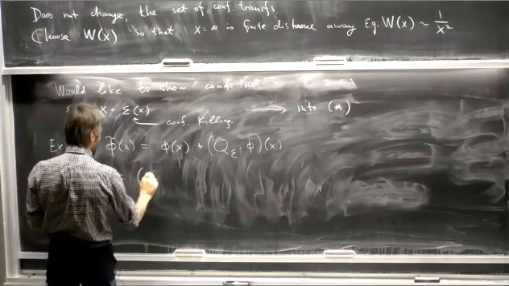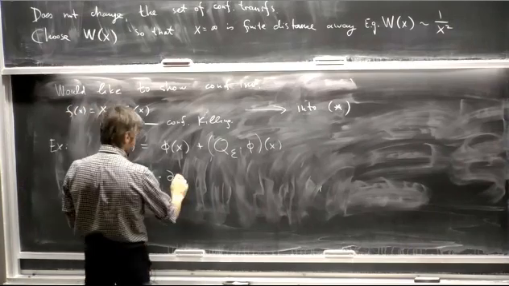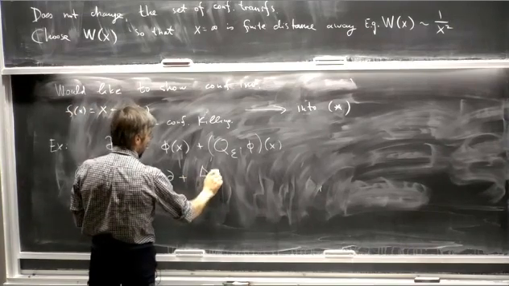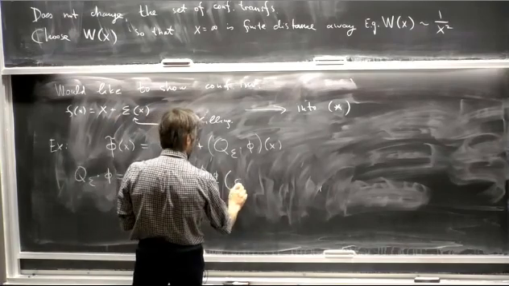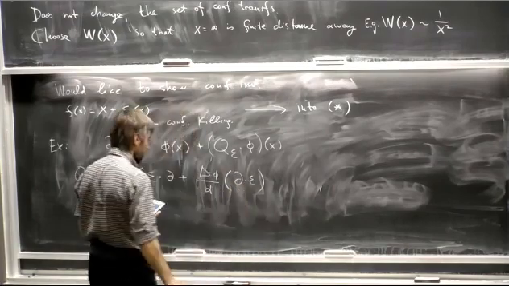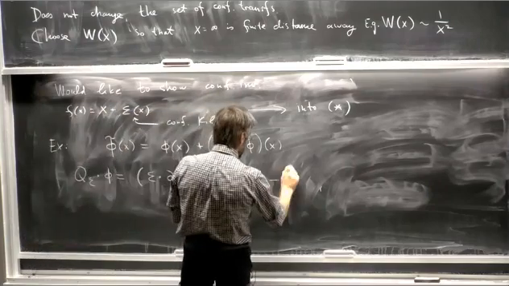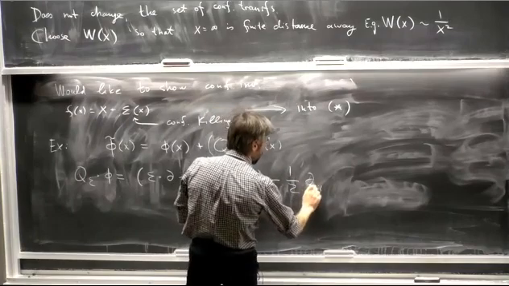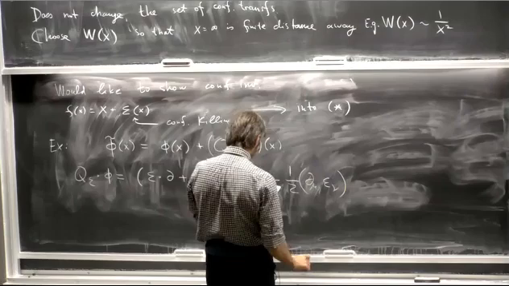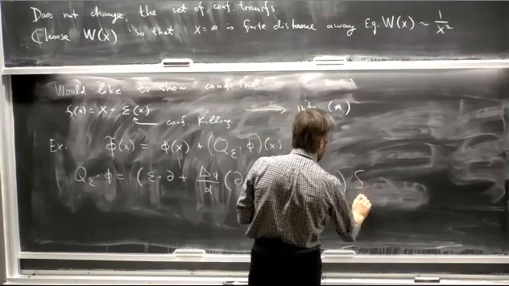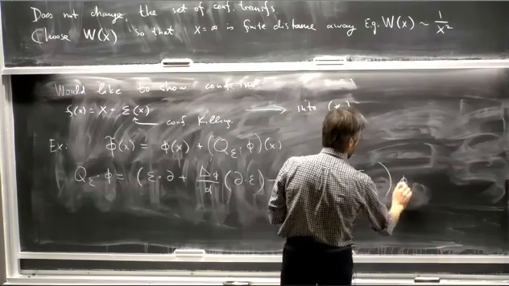It's equal to epsilon times d plus delta phi over d, the divergence of epsilon, delta times epsilon, plus minus 1/2 d mu epsilon nu S mu nu phi of x.